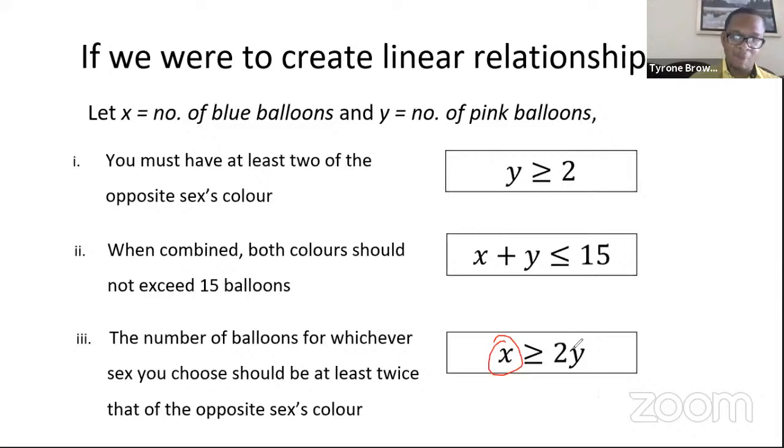Whatever the number of pink balloons is, when we multiply it by 2, x must be greater than or equal to that number. All right, I see Camilla is asking about 2y equal x, or 2y less than or equal to x.